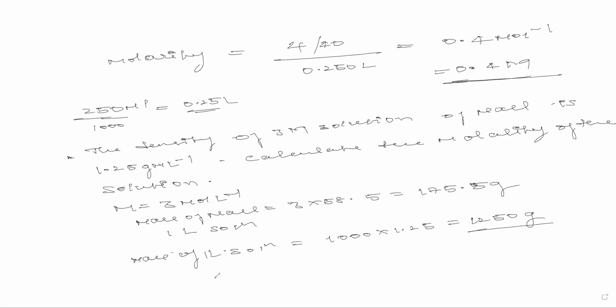After that, the mass of water in the solution you have to find out. Mass of water in solution is 1250 minus 175.5. That gives out 1074.5 grams. This much you'll get. After that, you have to use the formula.